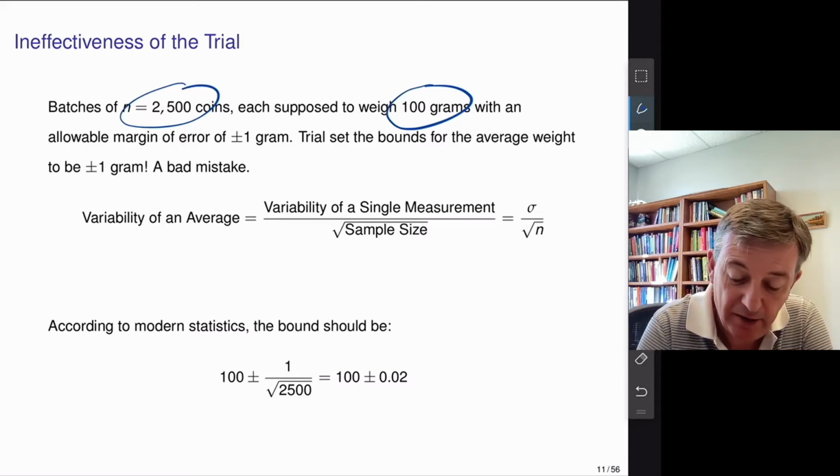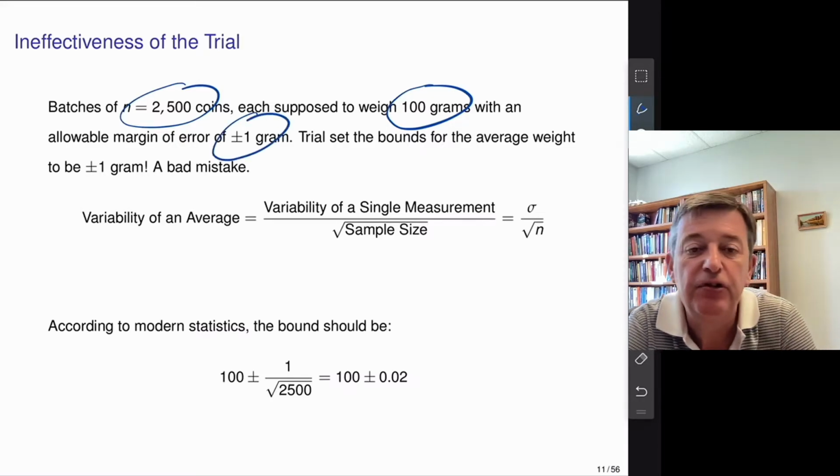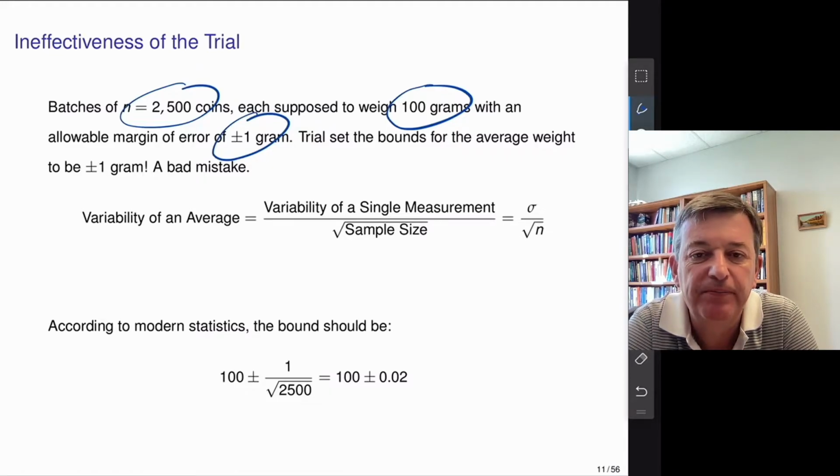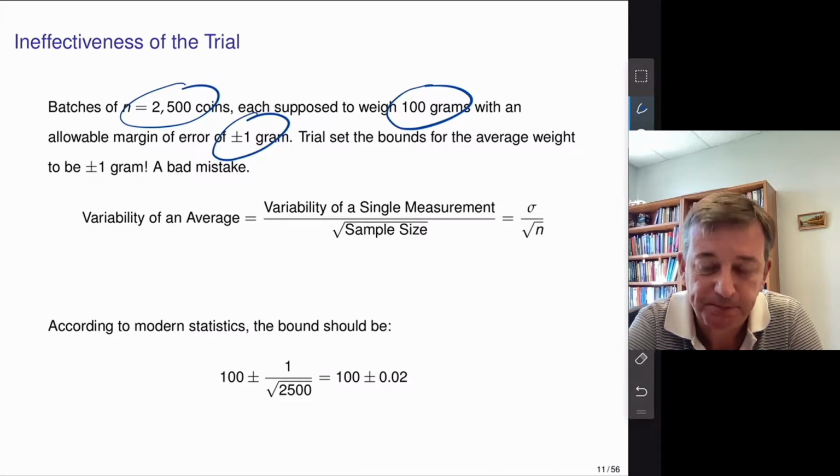And so an allowable for one coin was 1 gram, and Newton just implemented that for the whole batch of 2,500. Well, of course, setting the bounds for an average of 2,500 being the same as an average of one coin is, of course, a bad mistake.